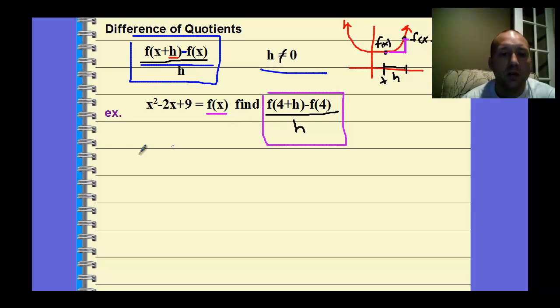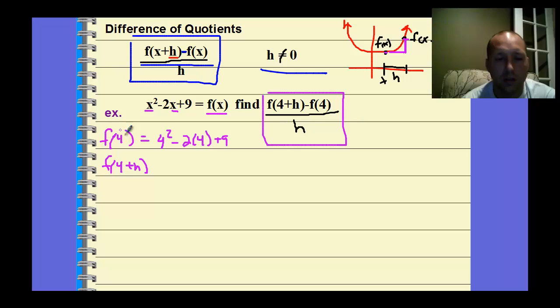So to find this, we need to realize what f of 4 is. We need to realize what f of 4 plus h is. So f of 4, we're just plugging 4 into this function. So that's 4 squared minus 2 times 4 plus 9. Just plugging 4 in for the x's in that equation.